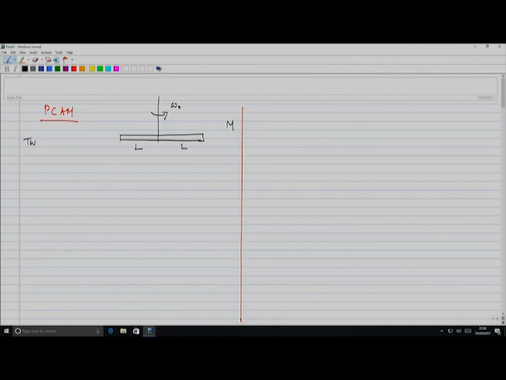two small spheres of mass m each are attached gently to the ends of the rod.